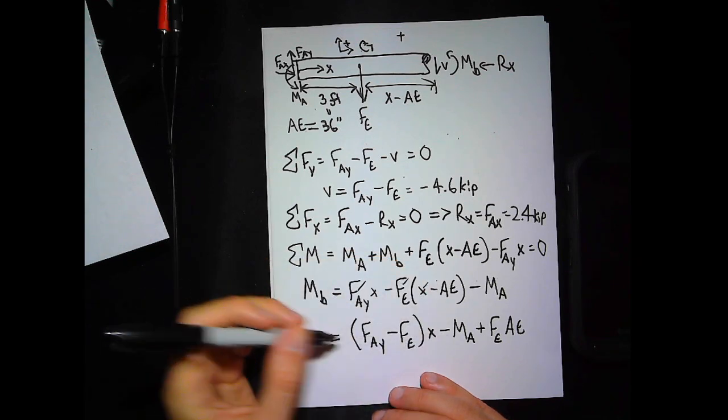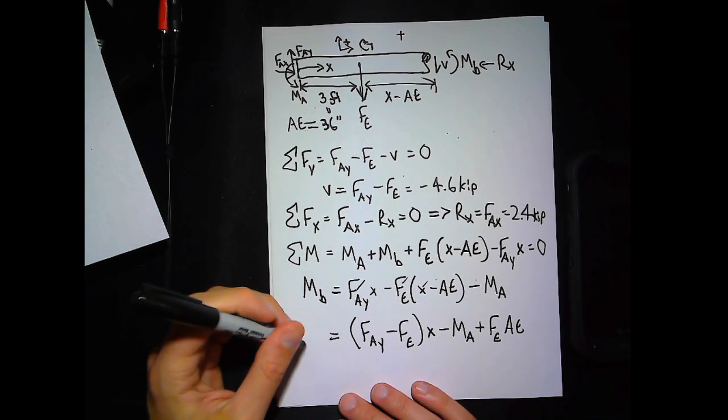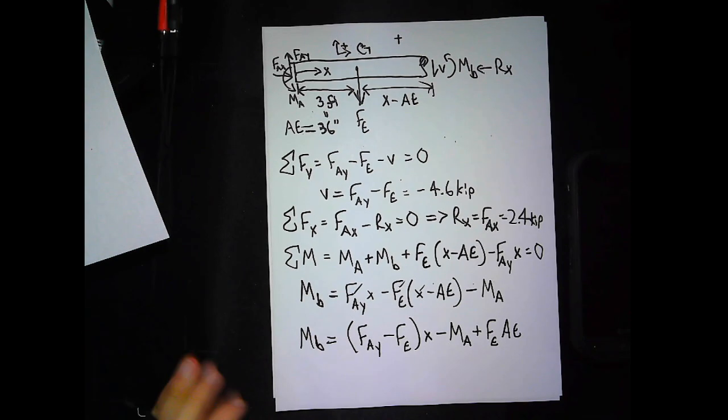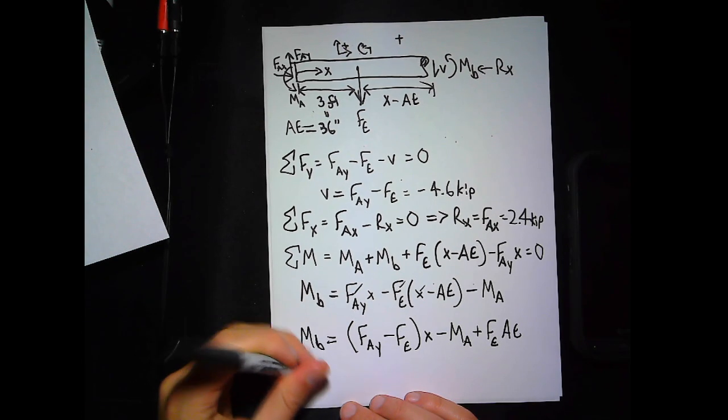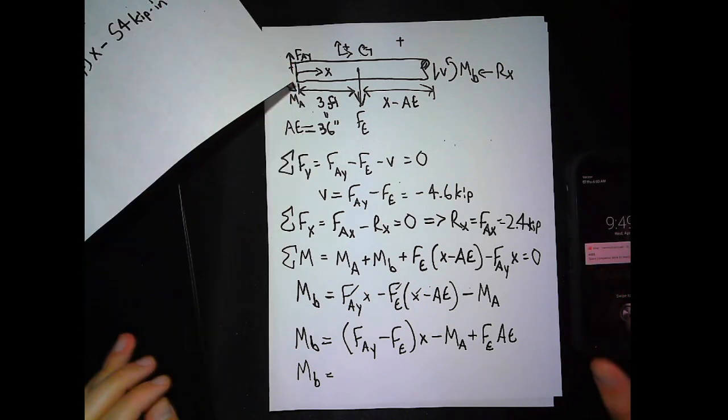So I got kind of my constant over here and my slope over here if I was thinking about this like a line. All right, and if I wanted to throw numbers at that, it might look something like this.